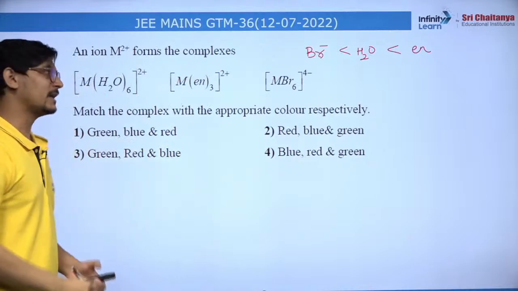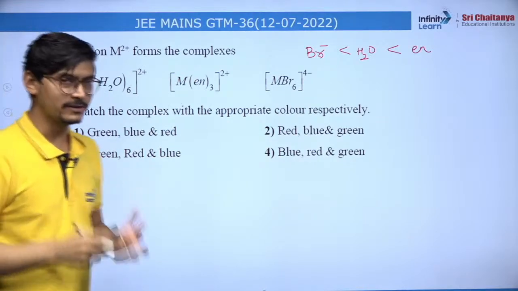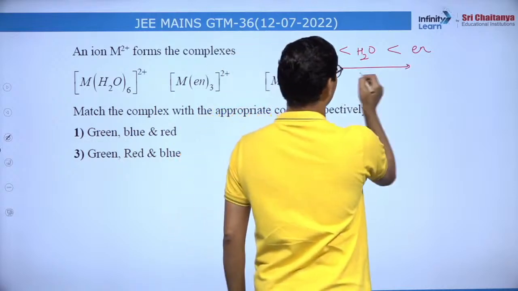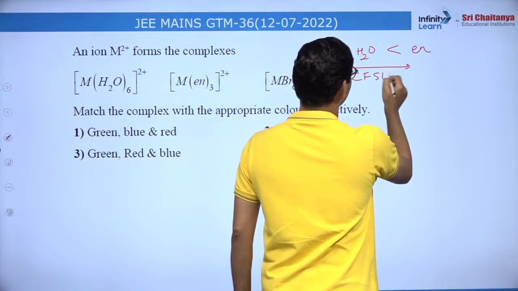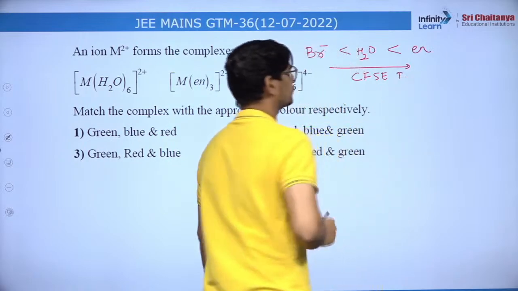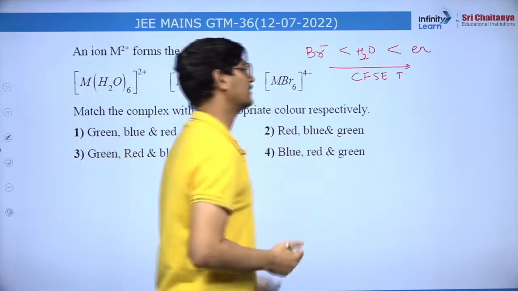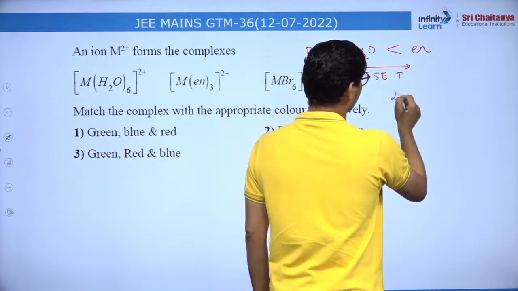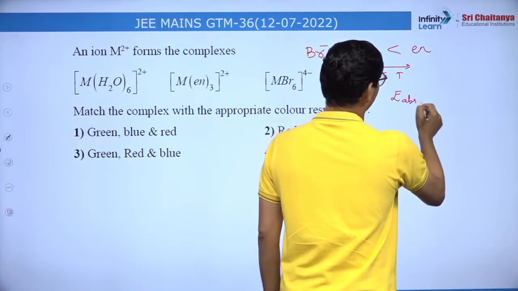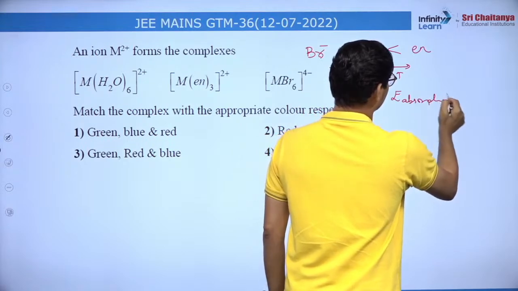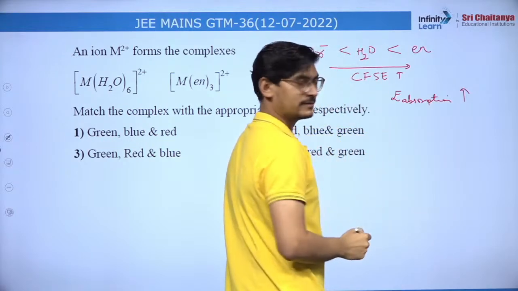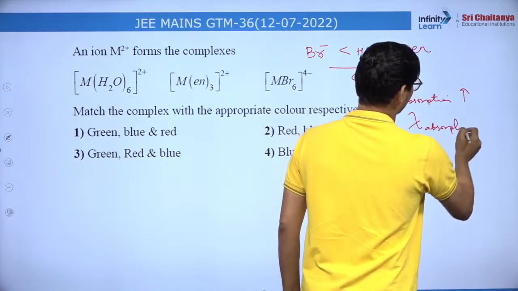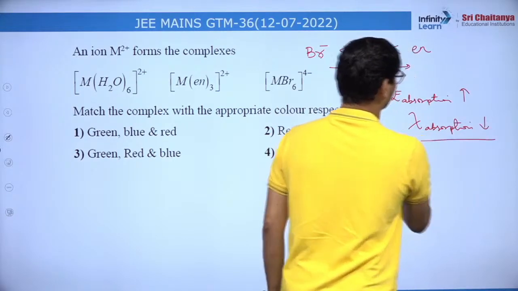As the strength of the ligand increases, the crystal field splitting increases. In this direction, the crystal field splitting energy will increase because the ligand field strength is increasing. As it increases, the energy of absorption will also increase, and the wavelength of absorption will decrease.